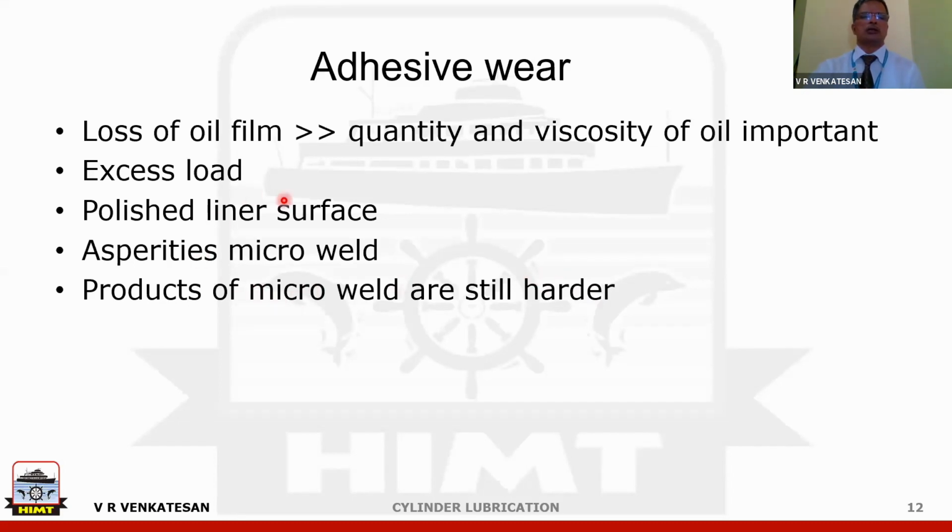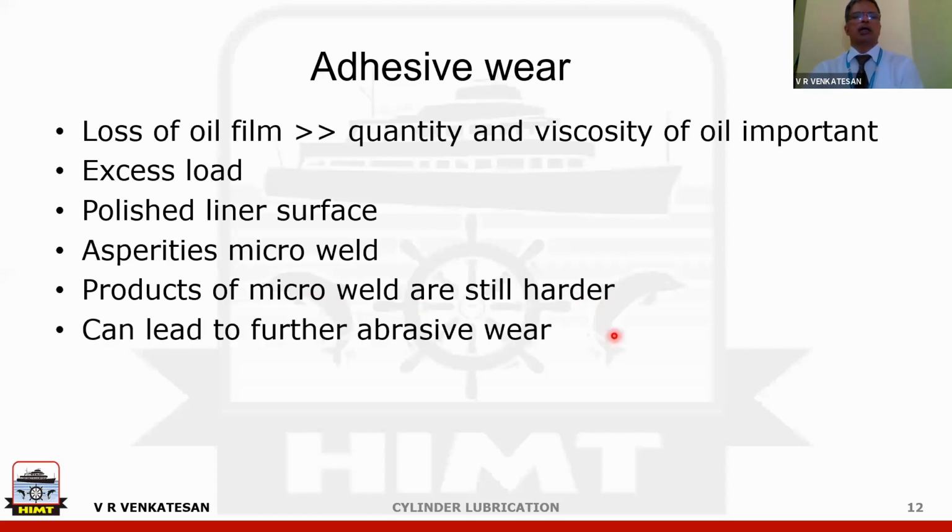But when these asperities micro weld or micro seizure happens, the products of this are even harder. So this harder particle will create further abrasive wear. So adhesive wear itself will produce even more abrasive wear.